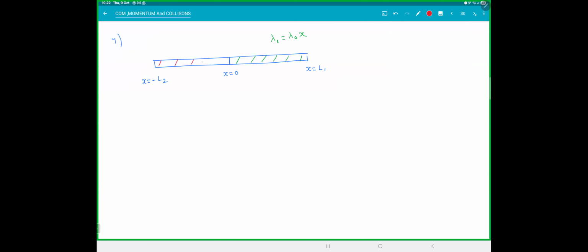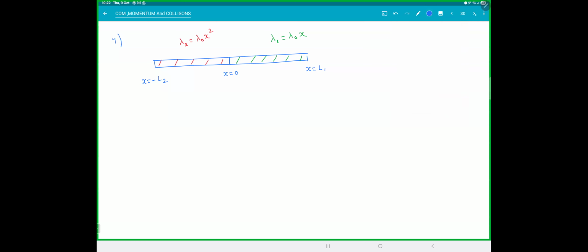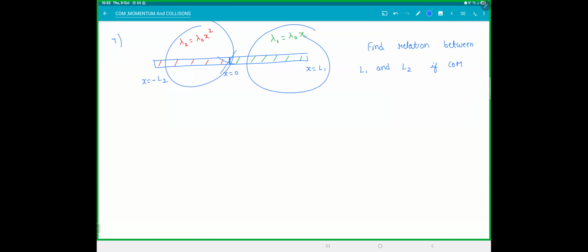The left side of the rod is made with something else, where lambda 2 is equal to lambda naught x square. Both the sides, the density is different. You're getting? So you took two different rods and you just welded them at the center at x is equal to 0. And we observe, interestingly, the center of mass is at x is equal to 0 only. So find relation between L1 and L2 if the center of mass is at x is equal to 0. So these two rods' center of mass is at x is equal to 0.